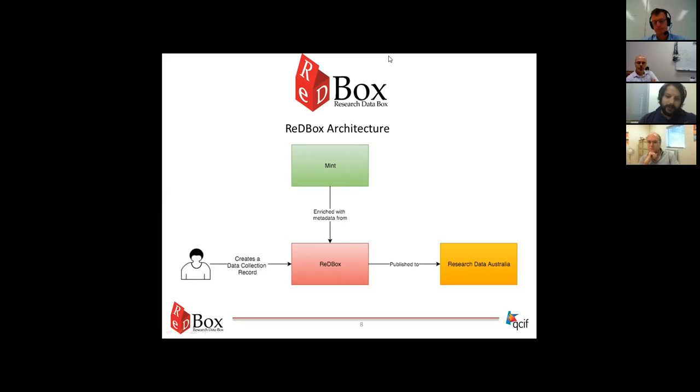And we also have this product Mint, which you see at the top, which is a name authority, and it contains basically all your data and taxonomies from various general and institutional sources of truth. And basically it allows ReDBox to provide lookups in the system, so you can reference associated metadata correctly.